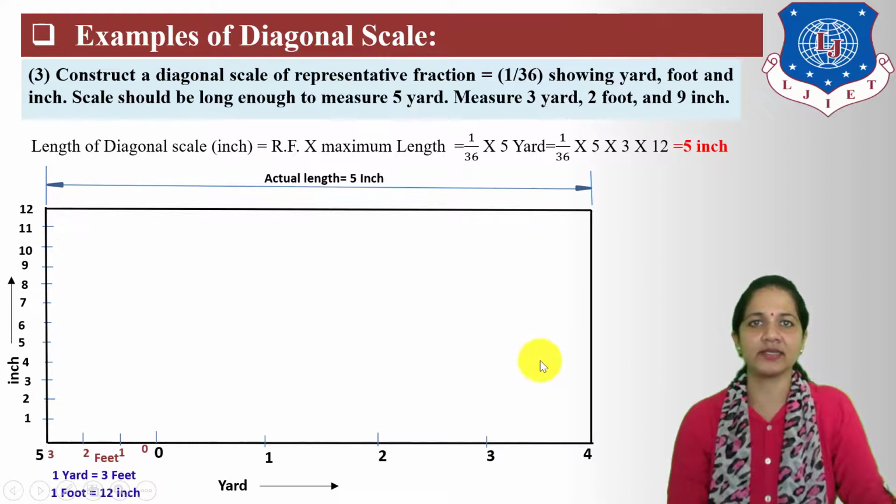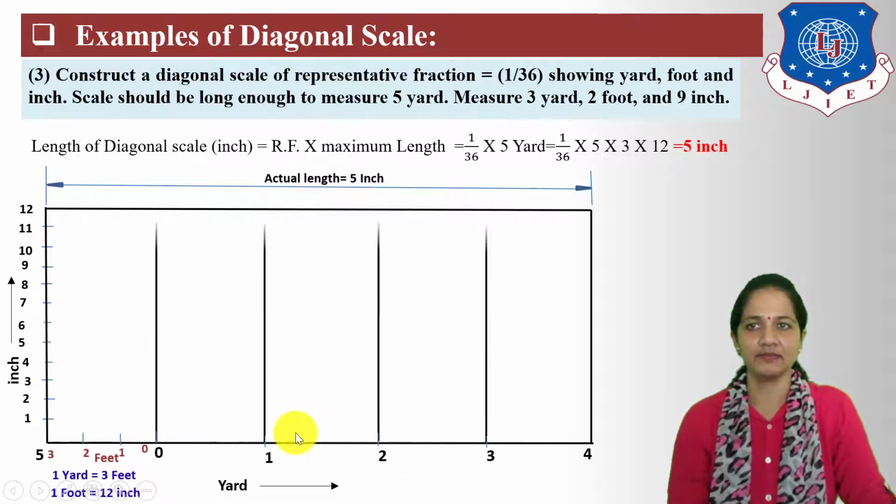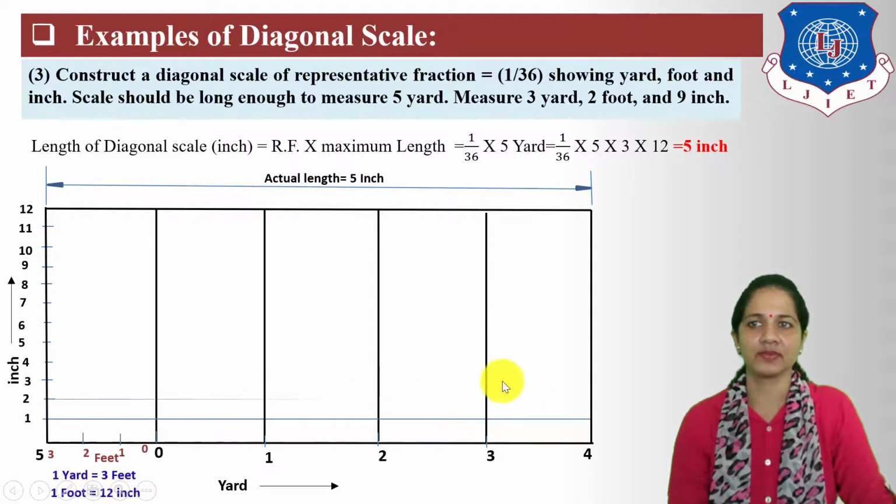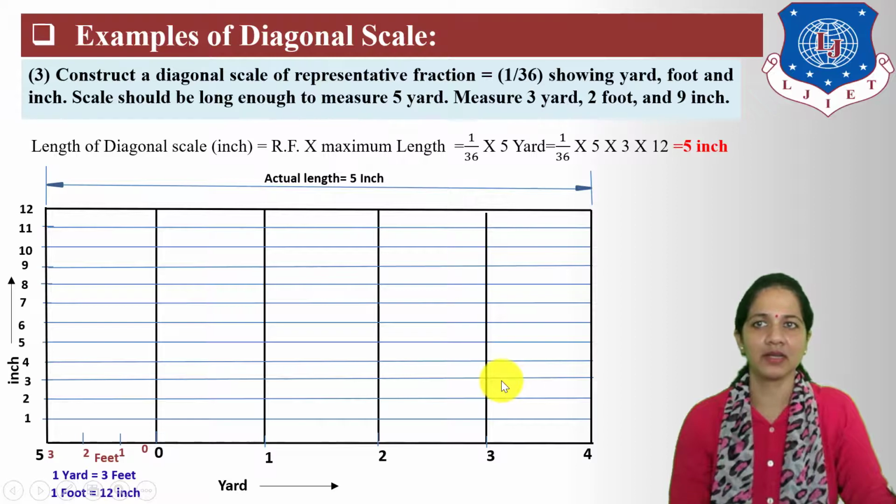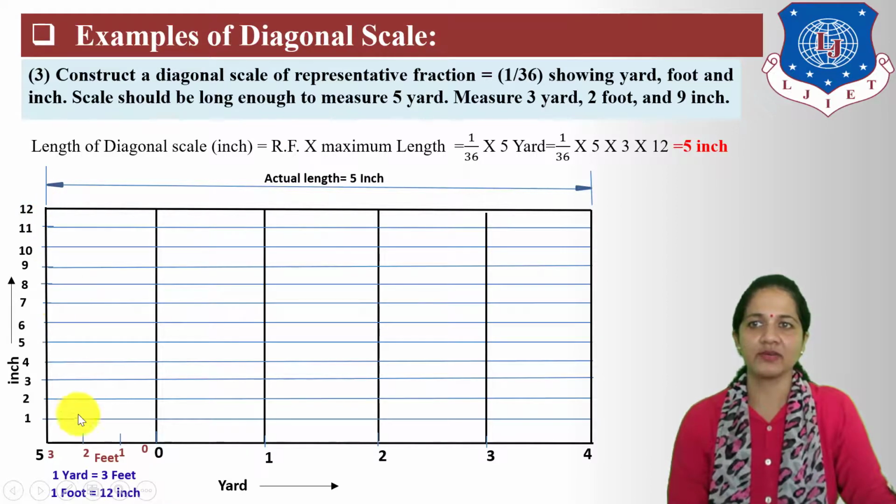Next, complete the rectangle. Next draw vertical lines passing through the main divisions. Next draw horizontal lines passing through the inch divisions. Next draw the first diagonal line.